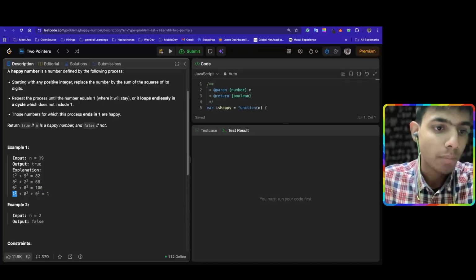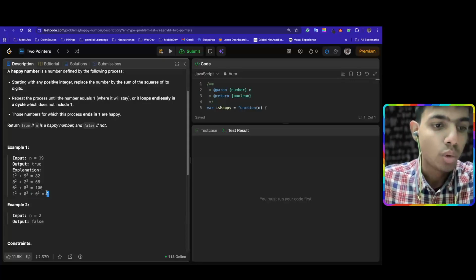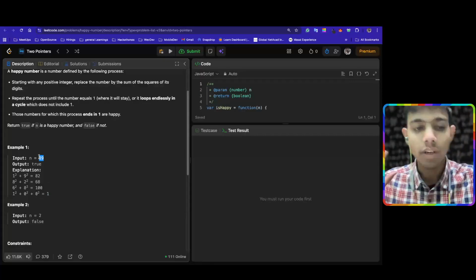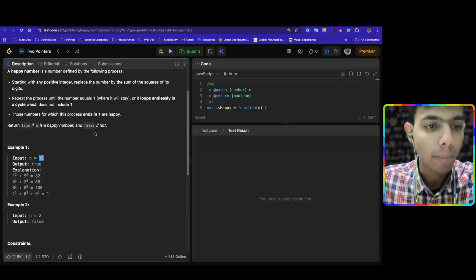Now the square of 1 plus the square of 0 plus 0 equals 1. So if any number, let's say this 19, is ending at 1, that means this 19 is a happy number. If any number is not ending with 1, that means that number is false.